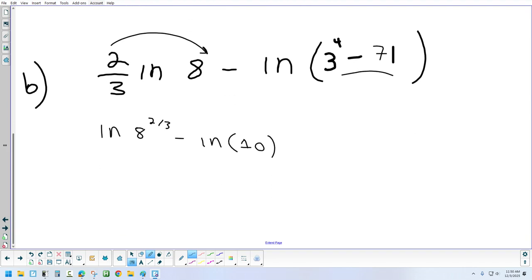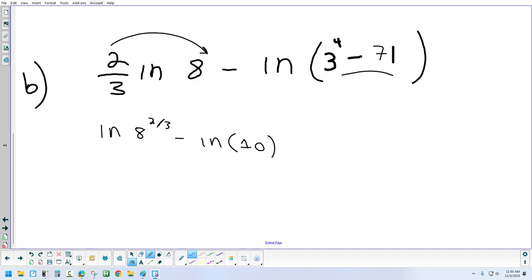Now, 8 to the 2/3, even though that's a fraction, that's not that hard to do in your head because of the numbers. That means to take 8 and raise it to the second power. And when you divide by 3, that's a root. What kind of root is it? A cube root. So what's 8 to the second power? 64.